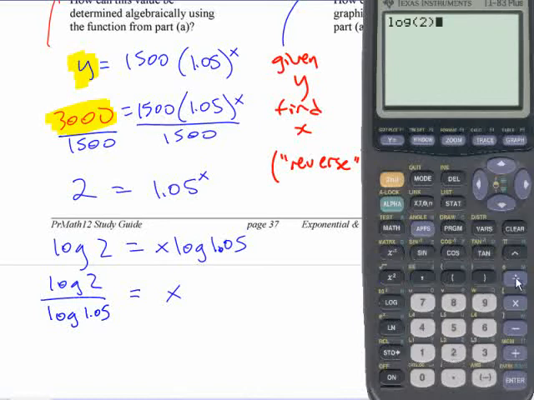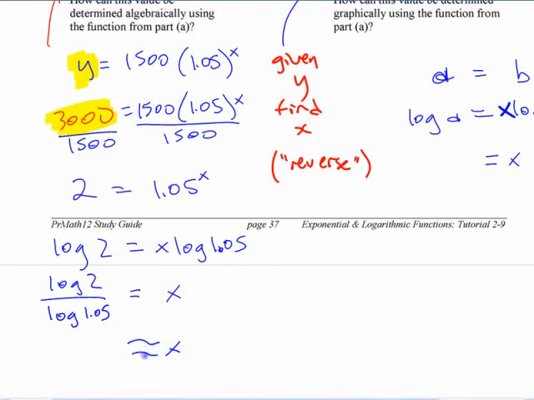Make sure you're putting brackets in the right place when you're doing this. Log 1.05. 14.21. What was it? Years? Okay, there's our amount of time.